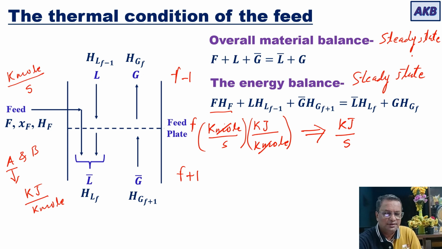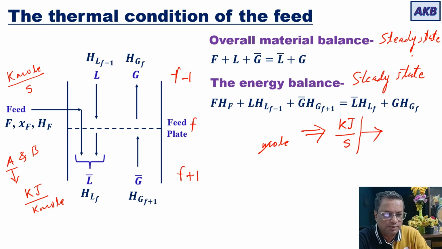That means each term in this equation, F HF, L into HL (F minus 1), each term will have the units of kilojoule per second, that is, energy per unit time. Okay, I hope this is clear to you. Now let me first erase that so that I can continue my discussion.